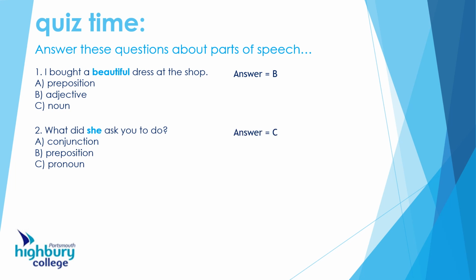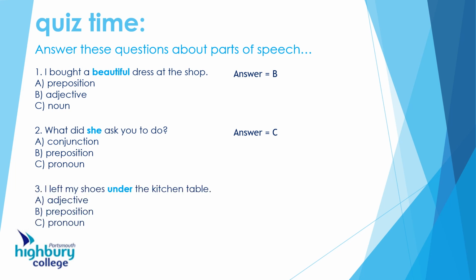Okay, number 2. What did she ask you to do? So what part of speech is she? There you go, it's a pronoun. Number 3, I left my shoes under the kitchen table. Is it A, B, or C?